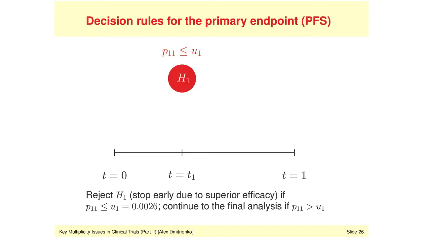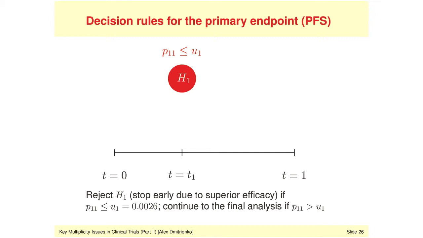Let us now begin by answering a simple question. Let's first define the set of decision rules for the primary endpoint, for PFS tests at the interim analysis and at the final analysis. Here we can directly apply the rules that we defined in section E1.